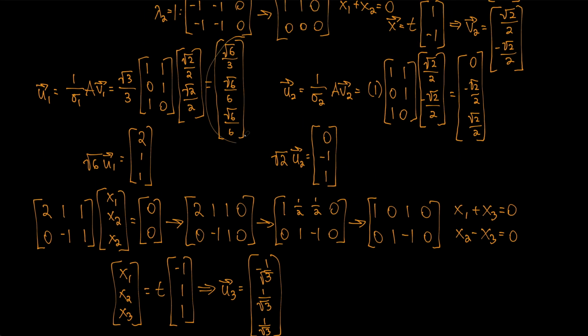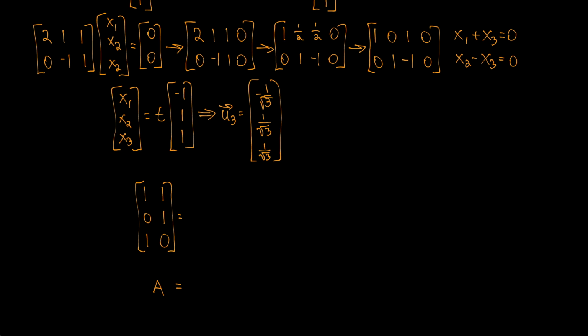Returning to the originally normalized ones, we take square root of 6 over 3, square root of 6 over 6, and square root of 6 over 6. That's our u1, and then u2 is 0, minus rad 2 over 2, rad 2 over 2. That's what we got when we normalized. And then our last u3 vector is minus 1 over rad 3, 1 over rad 3, 1 over rad 3.